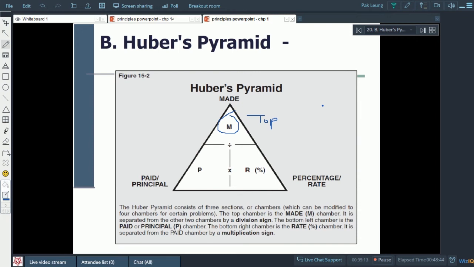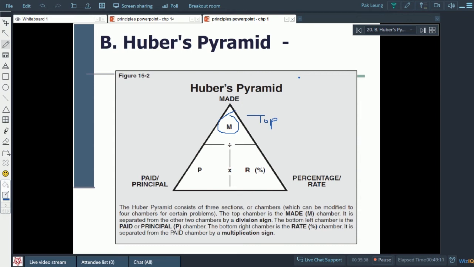Whatever you want to find out, you cover that up. 如果你想算哪一部分，你把它盖住. And then the formula will magically be in front of you. 你这个怎么去算法，它就出现了. So if I go like this, how much money I make, I cover that up.